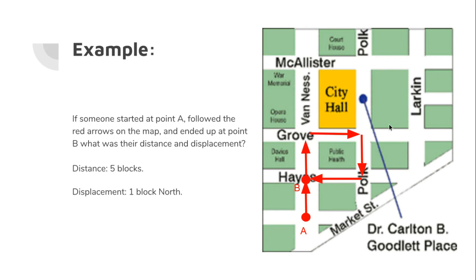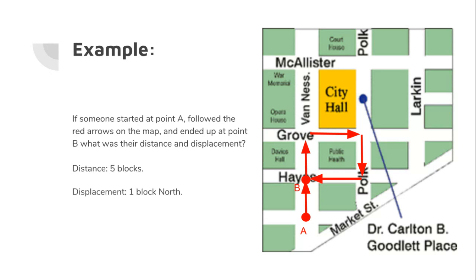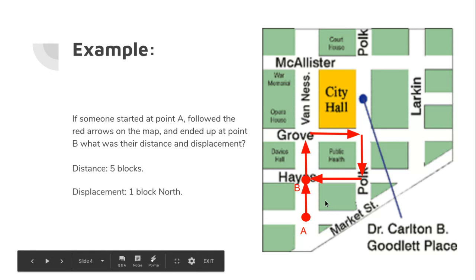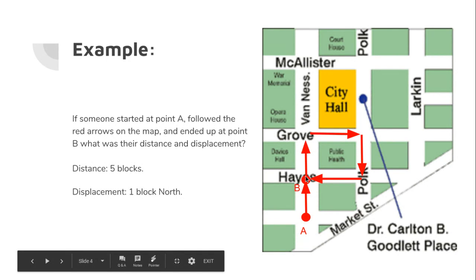That makes 1, 2, 3, 4, 5 blocks for the distance traveled. Displacement, on the other hand, you're starting at A and you end at B, so you only focus on how far it is between A and B. So that is 1 block, and you also have to include the direction, so it's 1 block to the north.